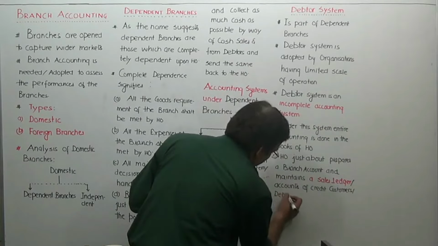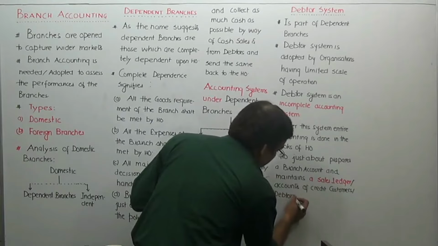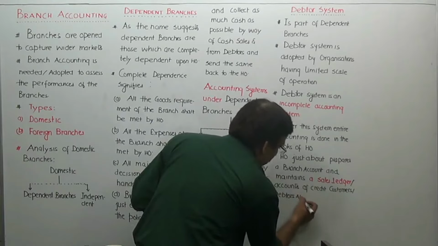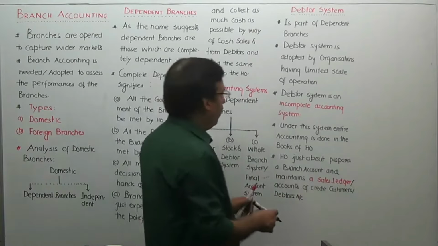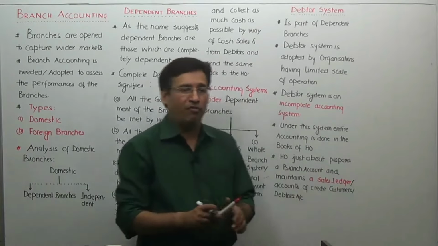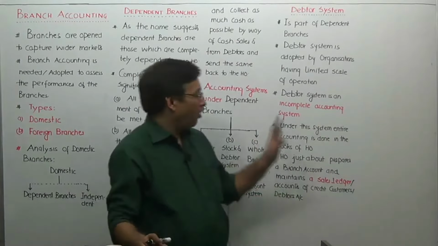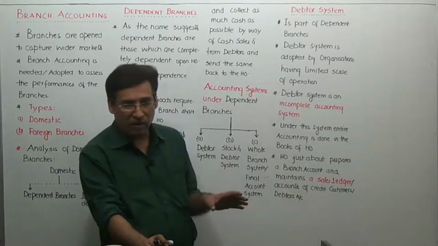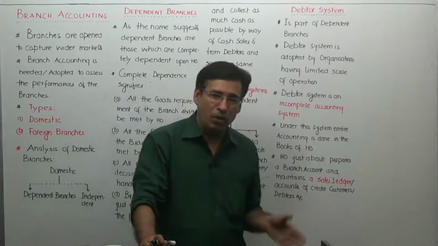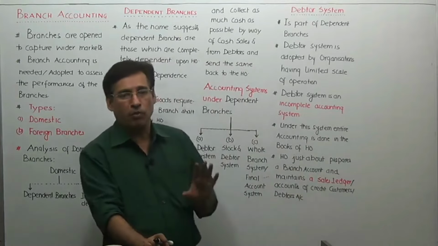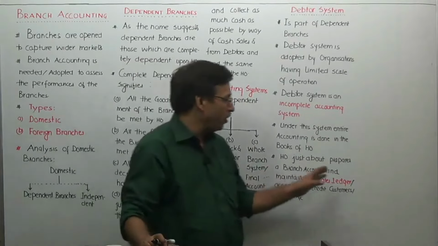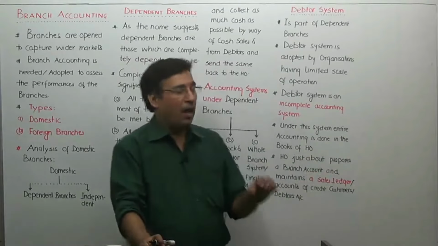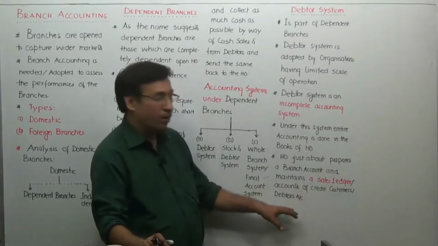Is it clear to you? So our conclusion now narrows down to the fact that head office does the entire accounting under this system, and in its books with respect to the branch, we are going to prepare a branch account and a debtors account.